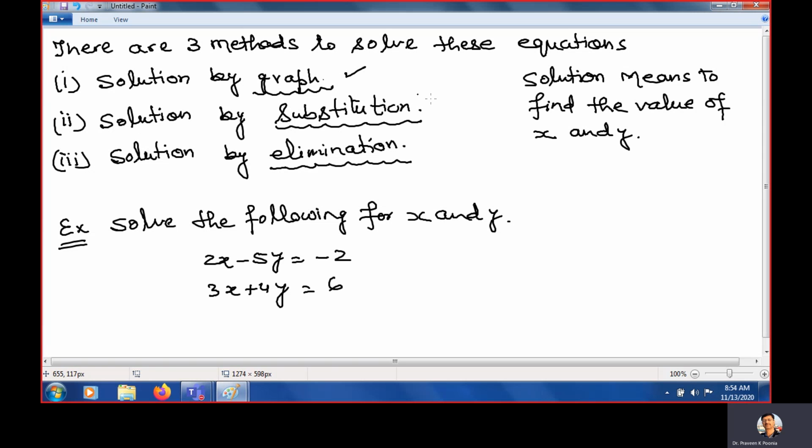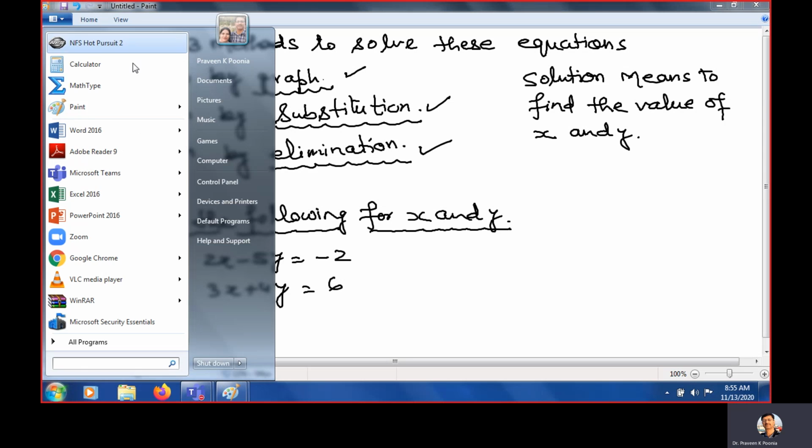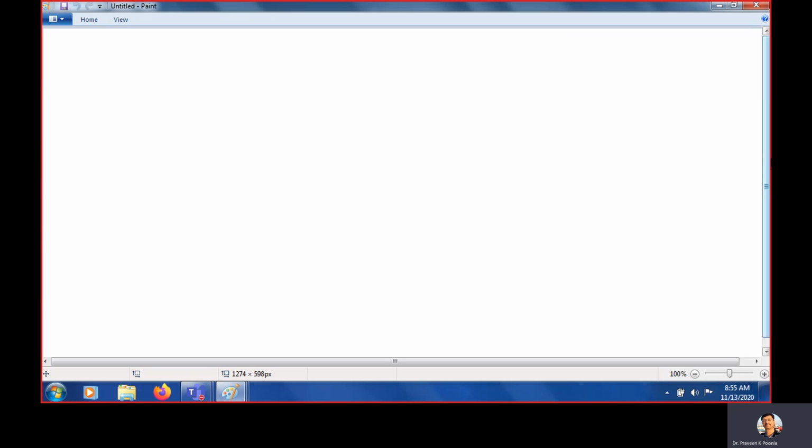You can use the graph method, substitution method, or elimination method. Clear? It is very rare that we ask to solve by the substitution, graph, or elimination method. Generally we do not give the name of the method. We simply say solve the following for x and y. Okay, so first we will study the solution by graph.